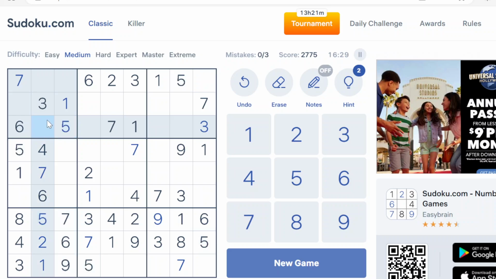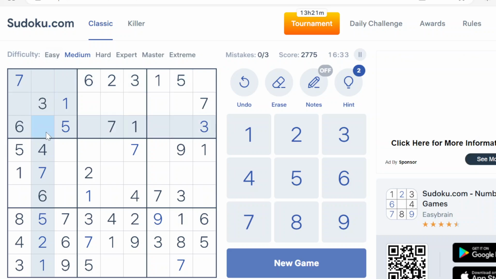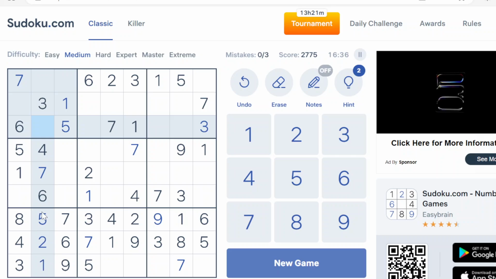I guess we can also try to solve this column since there's only 2 empty boxes. So we have 1, 2, 5, 6, 7, 4, 3. So we're missing 8 and 9. Unfortunately, there's no 8 and 9 in these boxes, so we can't really deduce which is which yet.